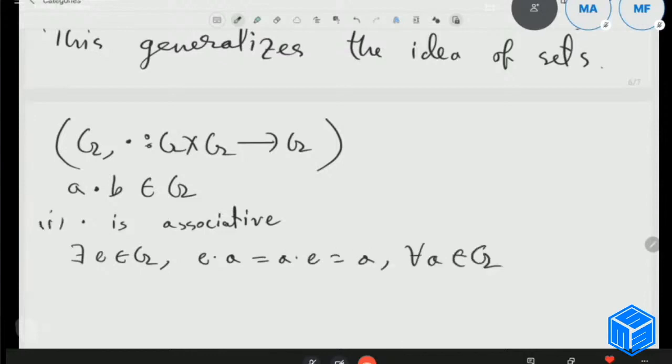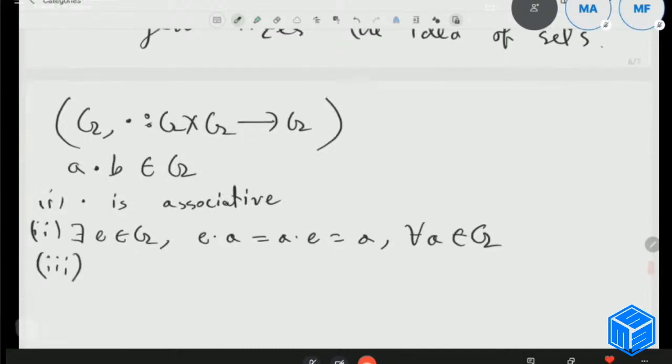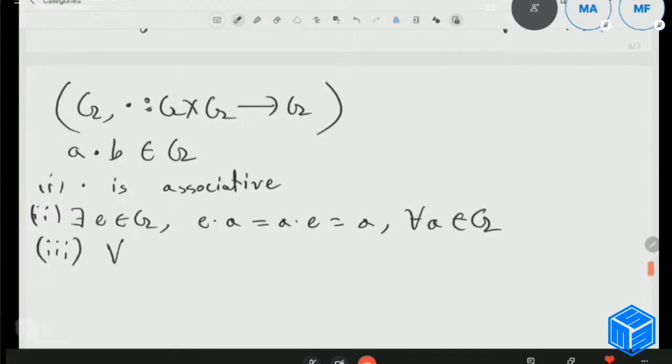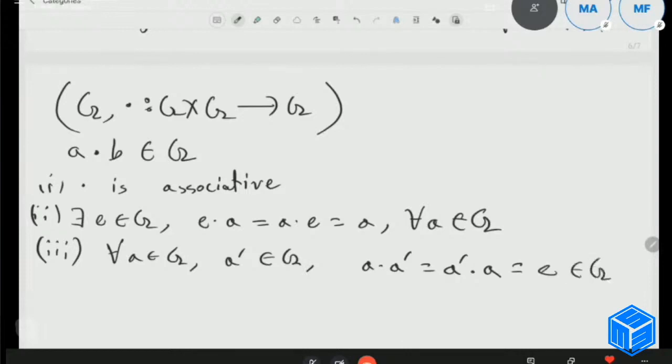And then, what else do we have? For every A in G, we have some element, call it A prime in G, such that A times A prime equals A prime times A equals E in G. So what's really happening here is that this E is like 1 for multiplication, and this is multiplication itself.